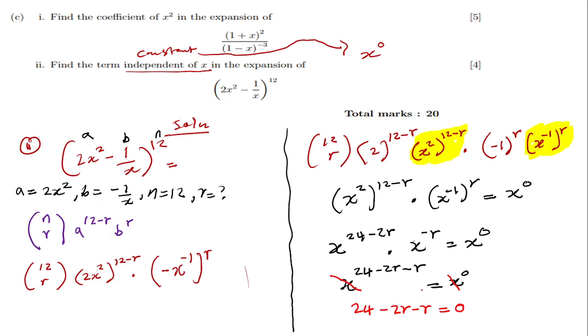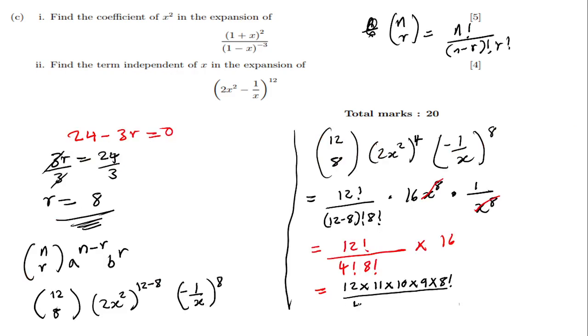So with that in mind, I can easily move on without any difficulties. So 12 factorial is the same as 12 times 11 times 10 times 9 times 8 factorial over 4 factorial times 8 factorial times 16.